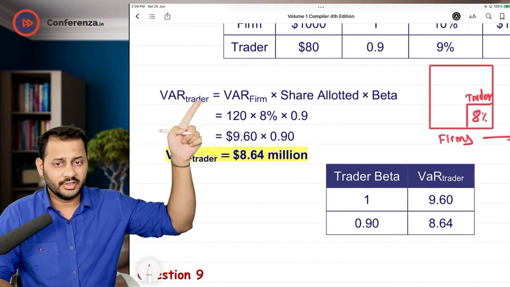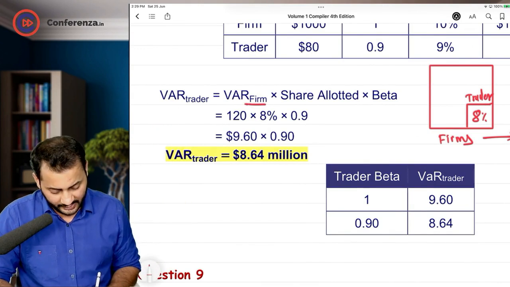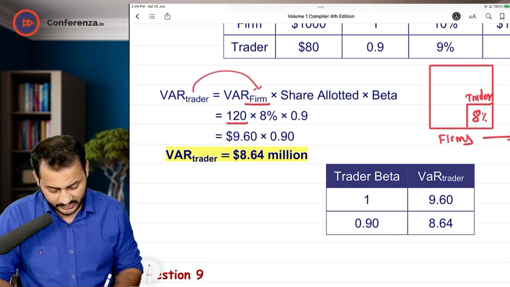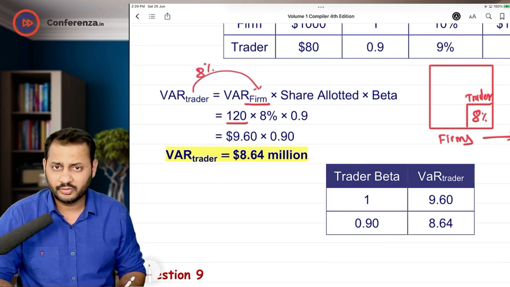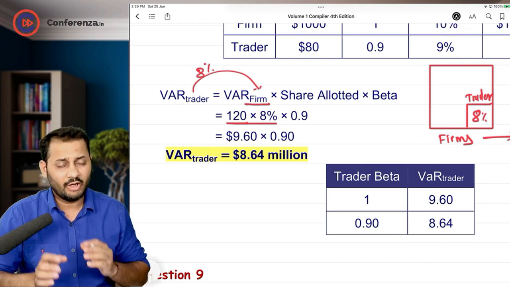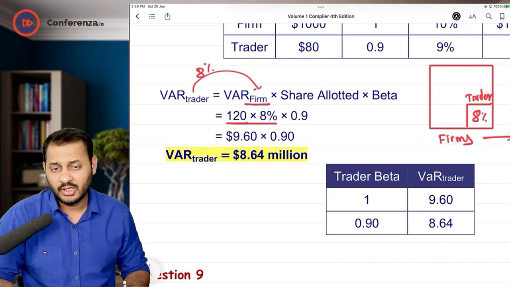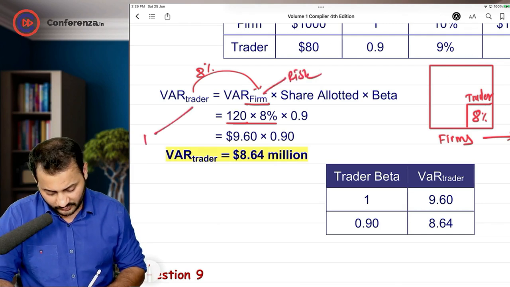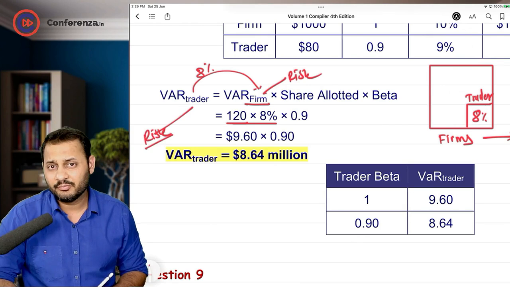Trader is included in the firm. So for the entire firm, the loss is 120, and trader covers up around 8% of the total firm. So we could have clearly said that the total loss of the trader would have been 120 into 8%, provided the risk of the firm and the risk of the trader would have been same, but it is not.